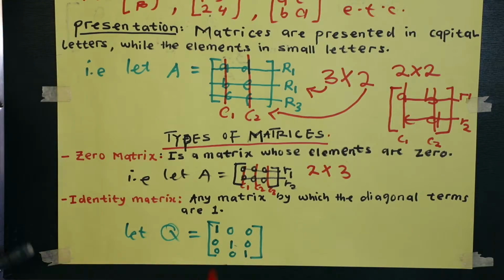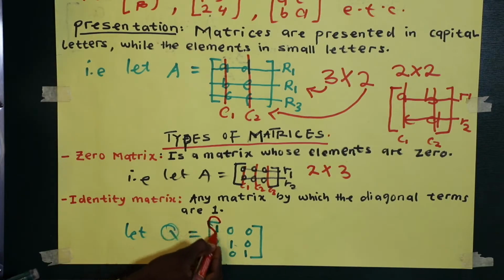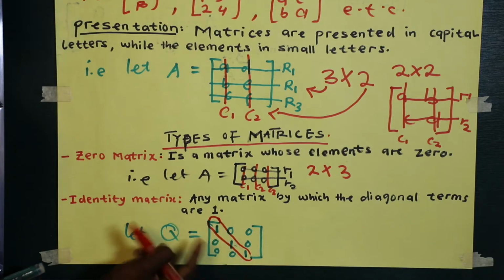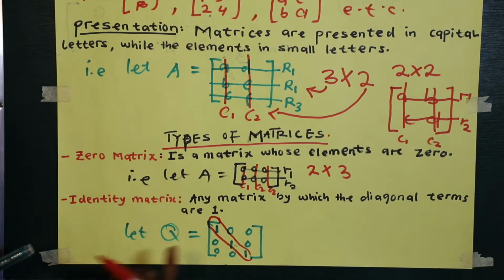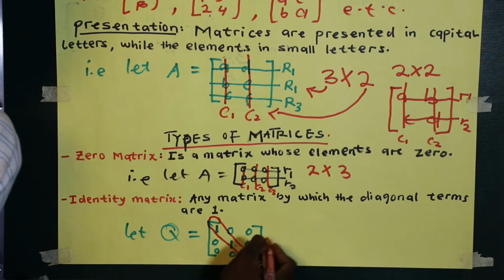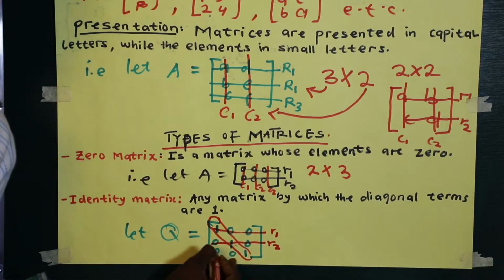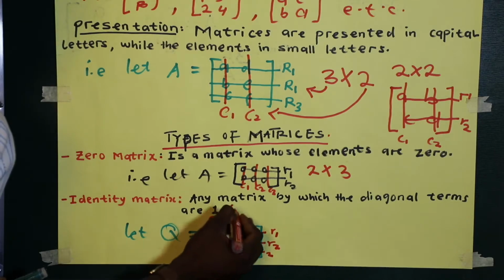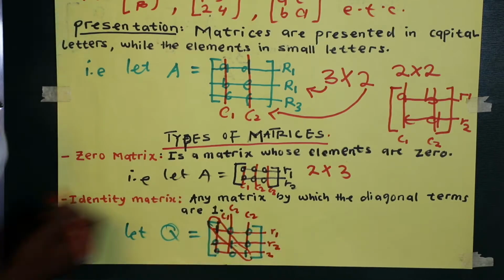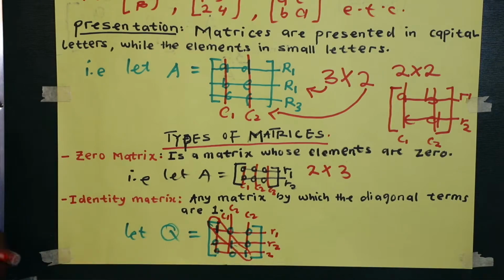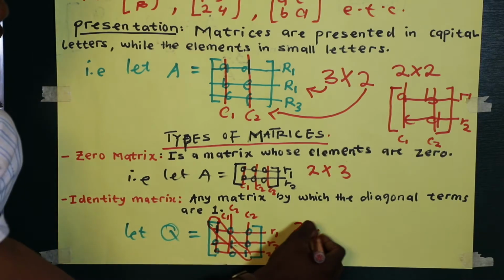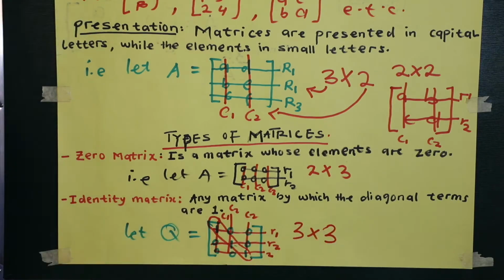So this is the diagonal. The diagonal terms are 1, and the order of this matrix is row 1, row 2, row 3, column 1, column 2, column 3. You can write the order of this matrix as 3 by 3.